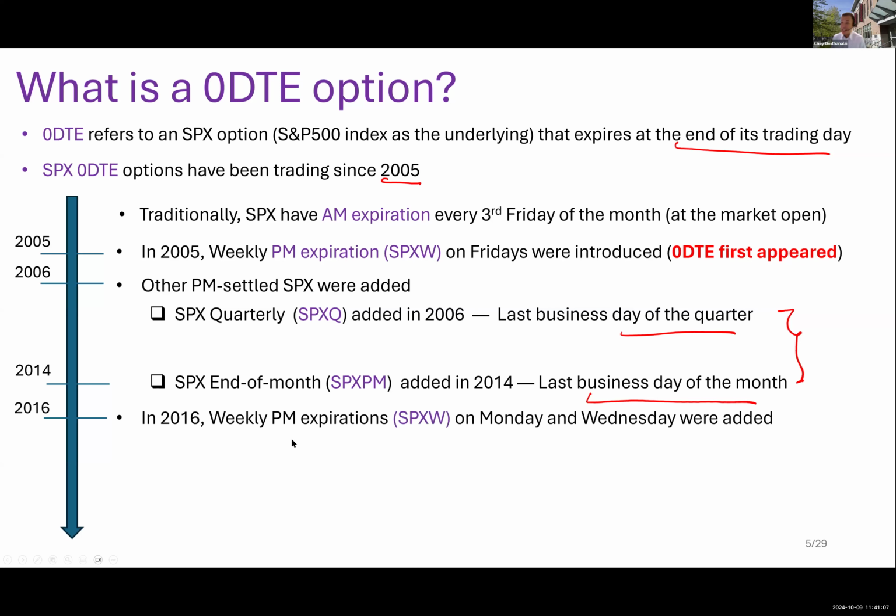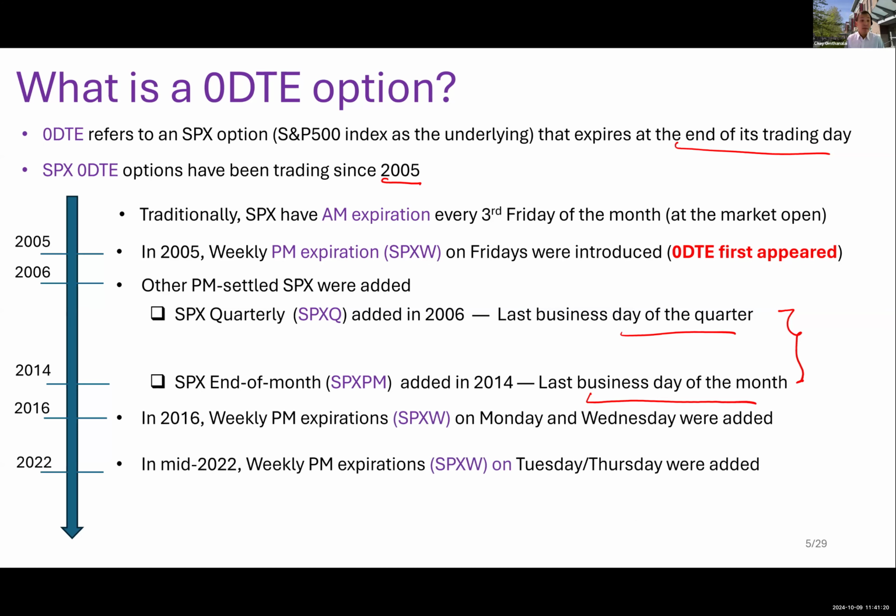Now, in 2016, weekly PM expirations were introduced on Monday and Wednesday, adding to the regular weekly Friday expiration. And in mid-2022, CBOE completed the calendar days of the week by adding the Tuesday and Thursday expirations. This allowed us to see zero DTE expiration every single day.